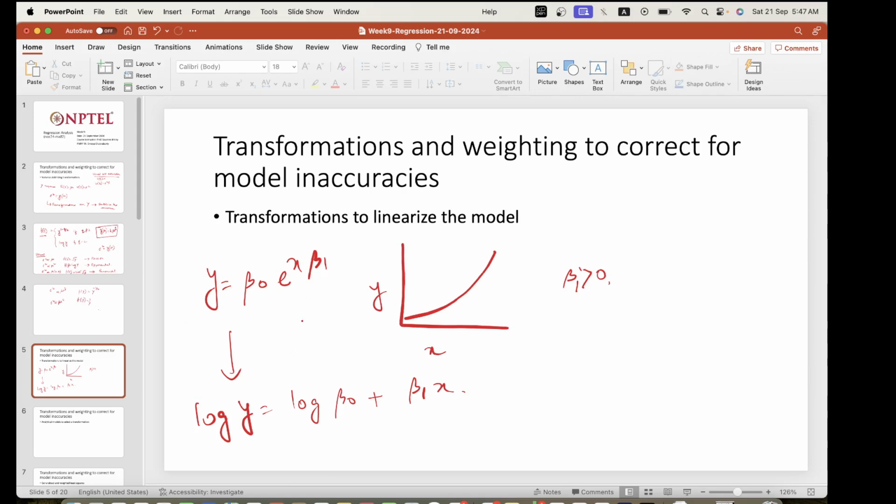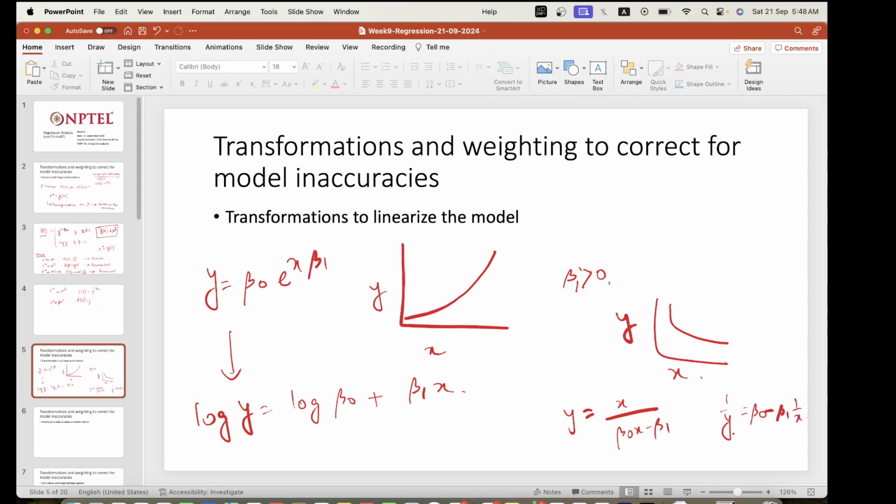So these were some of the transformations that we undertook to correct, or rather linearize, the model. Again, for example, if we had something like this, where this is y and this is x, and the relationship was y equal to x by beta naught x minus beta 1, then a transformation of 1 by y would amount to 1 by y equals 1 by beta naught minus beta 1 times 1 by x.